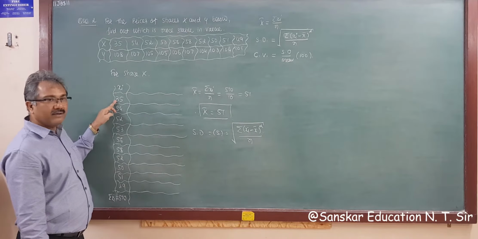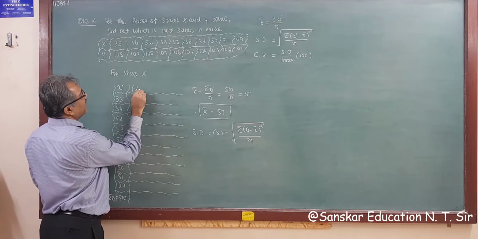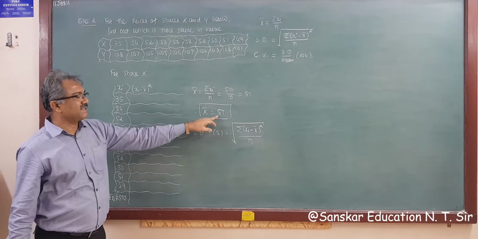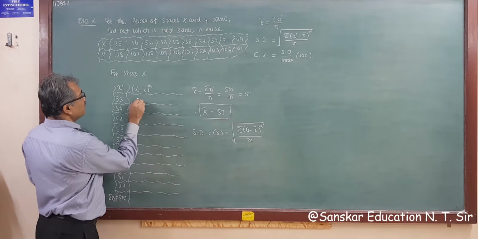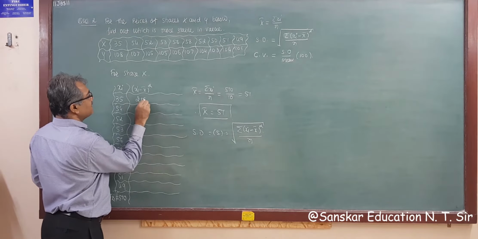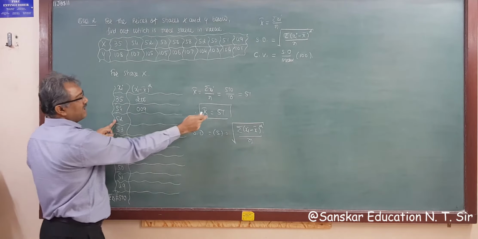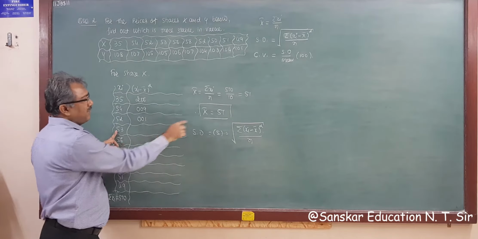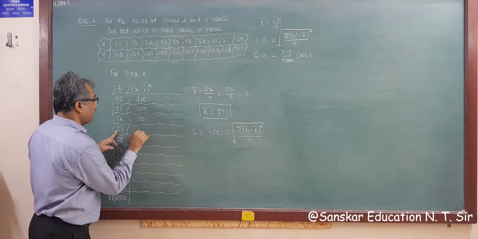So 35 minus 51 is minus 16, and 16 square is 256. 54 minus 51 is 3, and 3 square is 9. 52 minus 51 is 1, so square is 1. 53 minus 51 is 2, and square of 2 is 4.